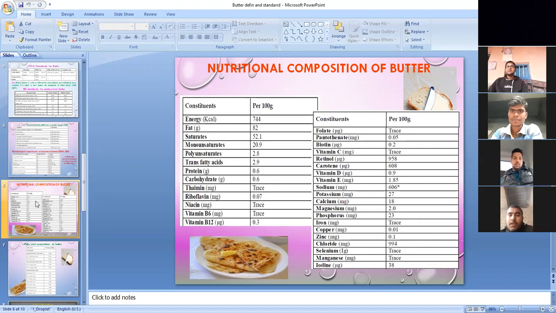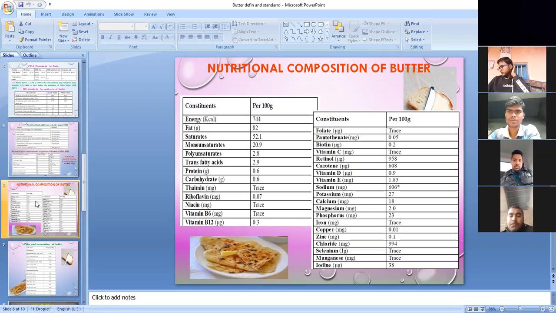So far as energy is concerned, butter provides 744 kilocalories per 100 gram. Similarly, we get fat 82% from 100 gram butter. Similarly, the saturated fat content generally observed per 100 gram is 52.1.